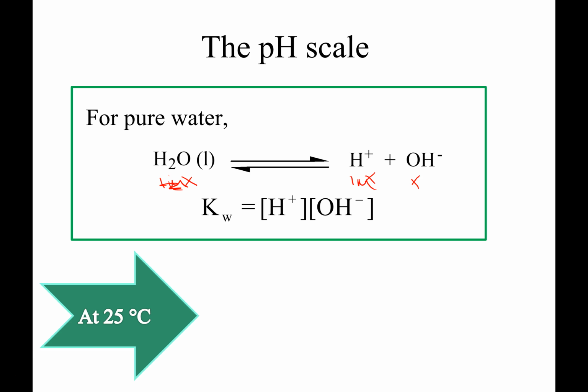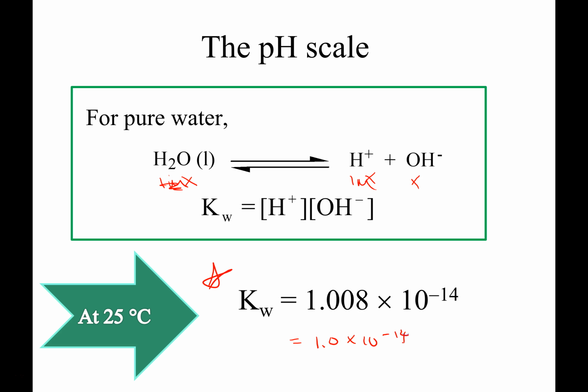Now there's a value for Kw that you're going to want to memorize. And here it is, at 25 degrees Celsius or so. Sometimes if you only need it to 2 sig figs, it's 1.0 times 10 to the minus 14th. With 3 sig figs, 1.01 times 10 to the minus 14th. Whatever, they all mean the same thing.